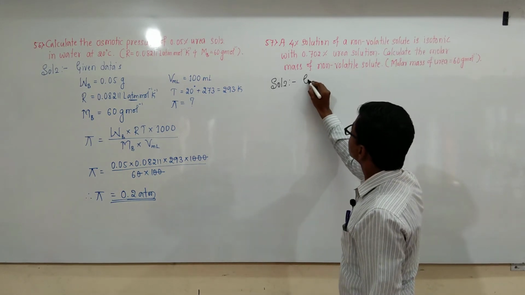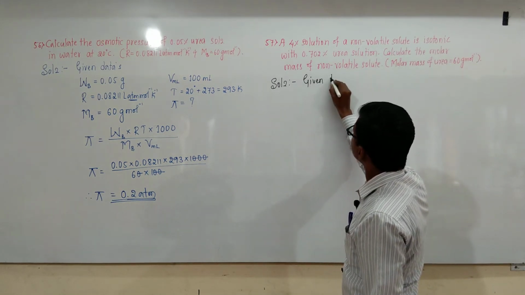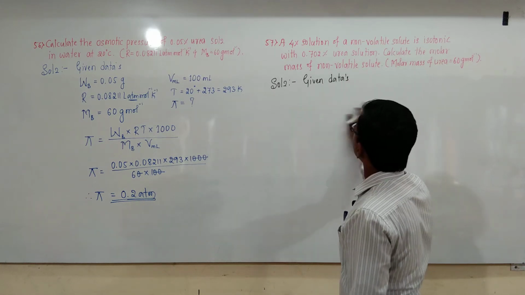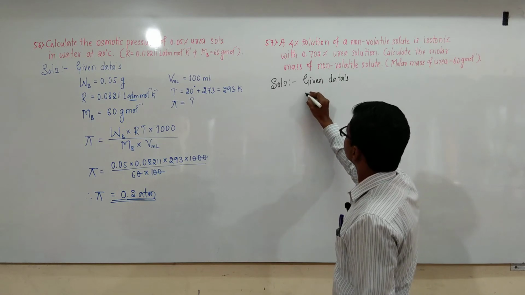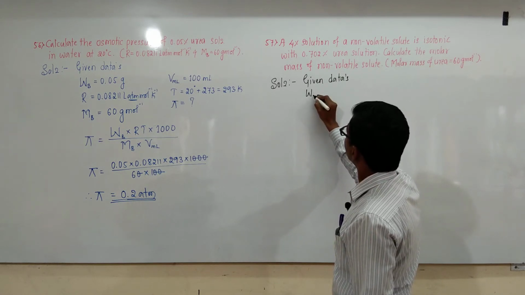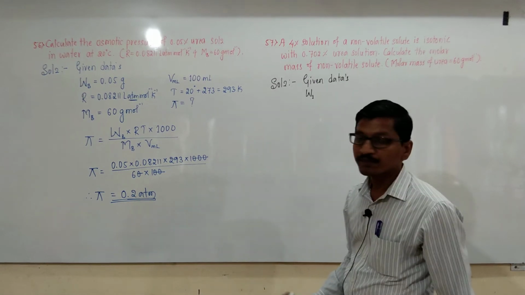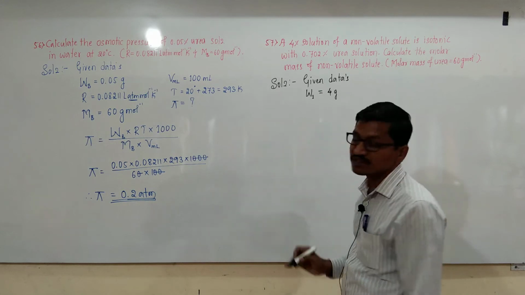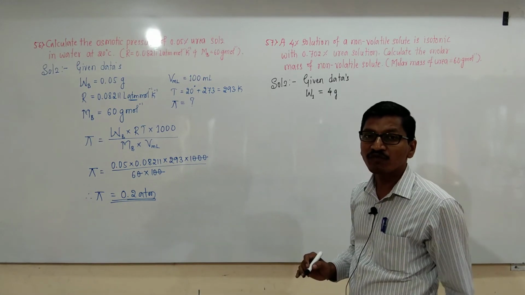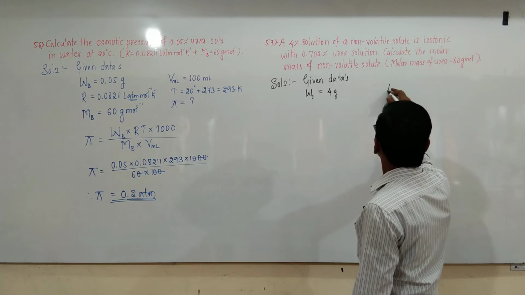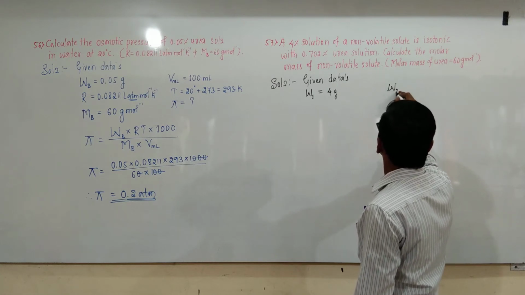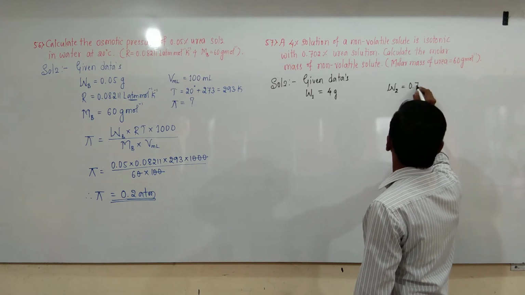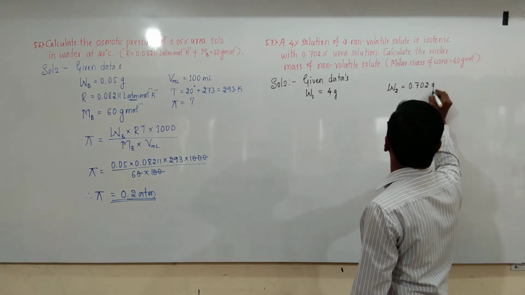Given data: 4% solution, this is considered as W1, is equal to 4 gram is dissolving in 100 ml of water and is isotonic with W2, 0.702 gram of urea.